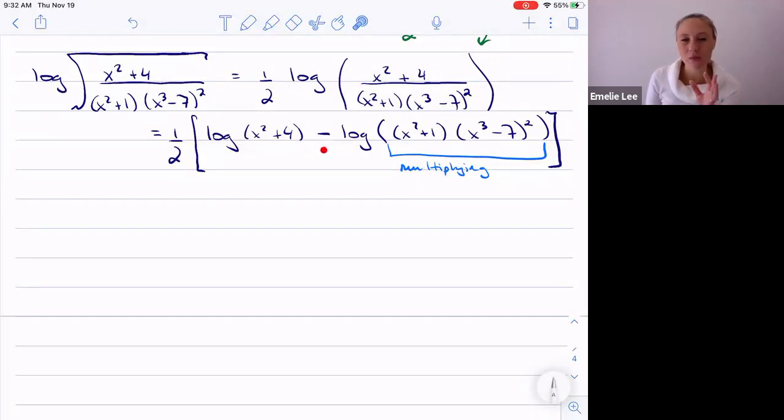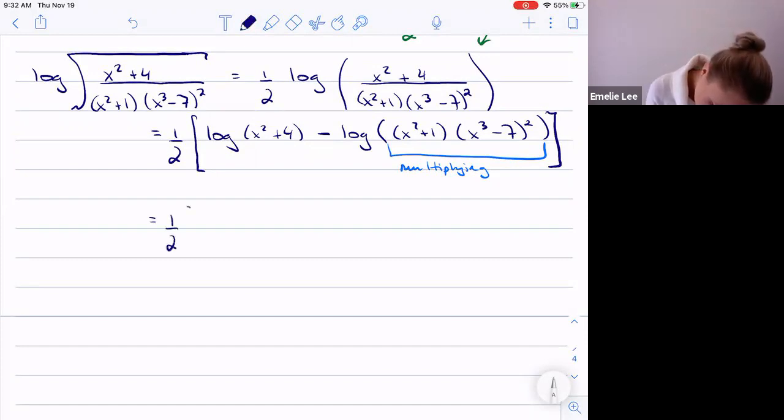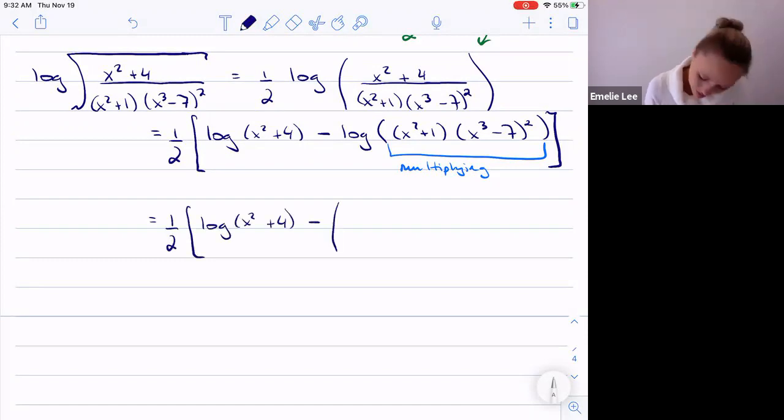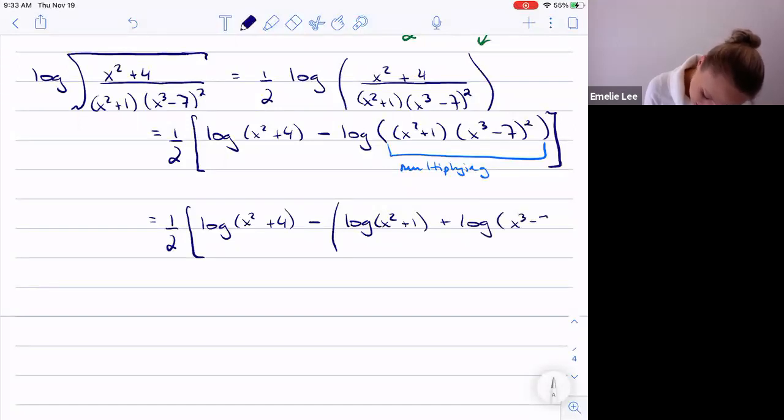So you need to be so careful with all your brackets here. And so what we have is 1/2 times the log of x squared plus 4 minus, and I'll put a bracket here, the log of x squared plus 1 plus the log of x to the 3 minus 7 squared. So many brackets.